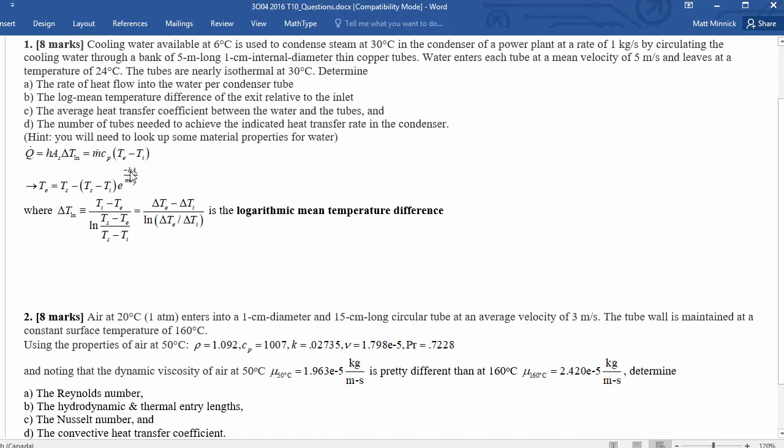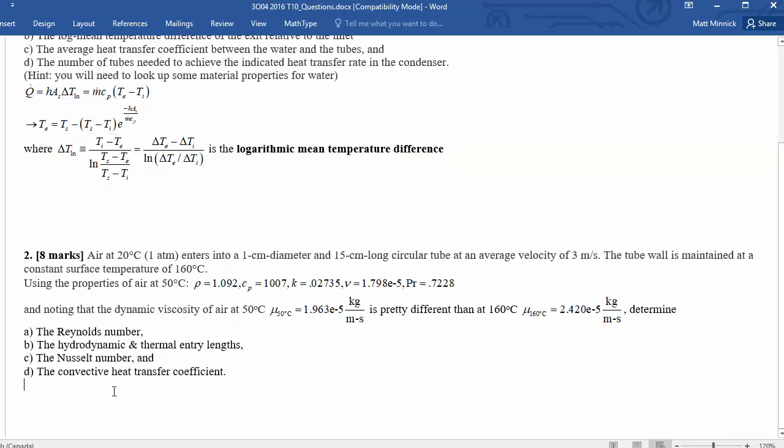Okay. So this time, the equations that we've got, constant surface temperature. So again, we're going to use the LMTD rather than just a fixed temperature difference to figure out what's going on with the heat transfer. This time, we've got a missing exit temperature.